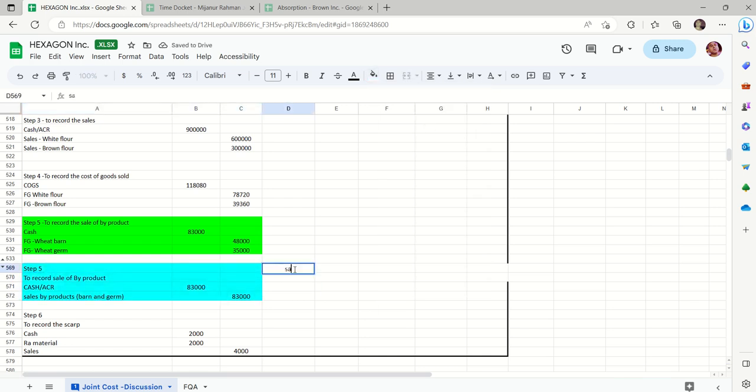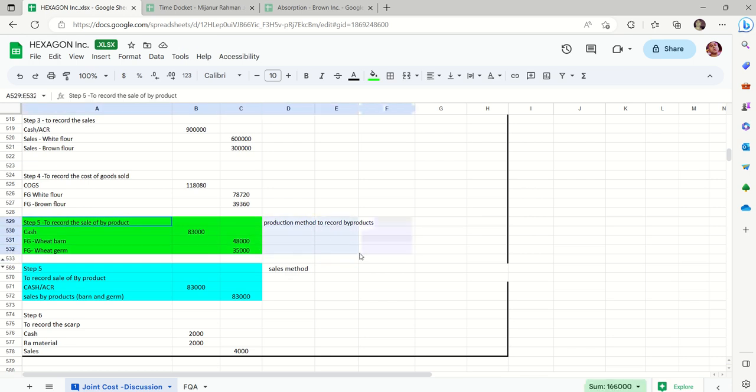Keon is the sales method, and this is under the production method, to record byproducts. You can see how they're different.